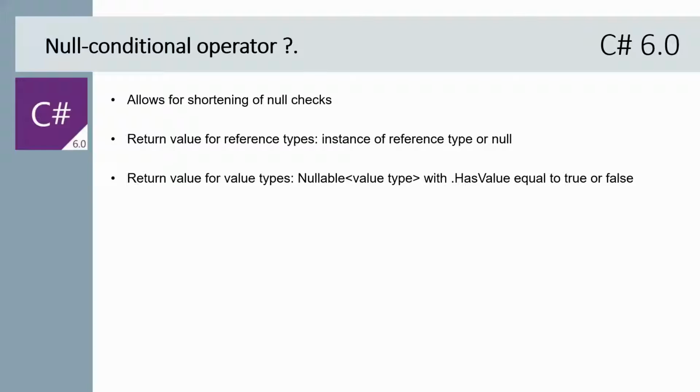If the result of the method or property was supposed to be a value type like an integer or bool, then the result of the entire statement will be a nullable of that value type, because if the chain breaks at some point, it has to be possible to return a null, and that's why any value type is turned into a nullable of that value type.